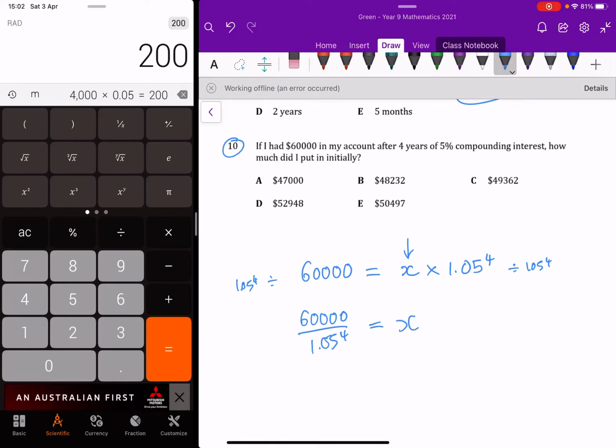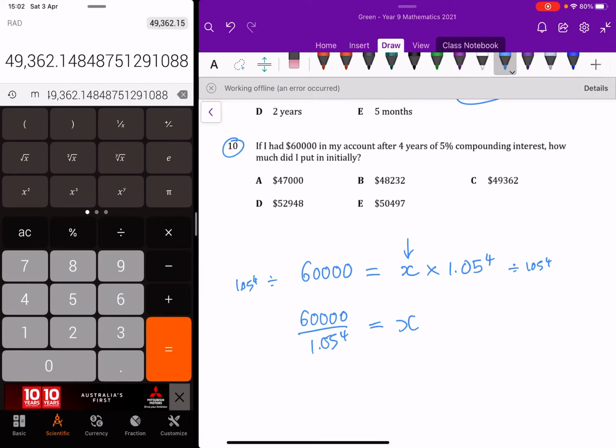In fact, let's just do it all in one go: 60,000 divided by (1.05 to the power of 4), equals 49,362. Okay, 49,362. There it is.